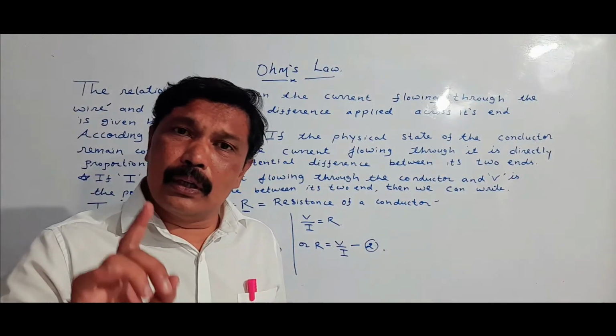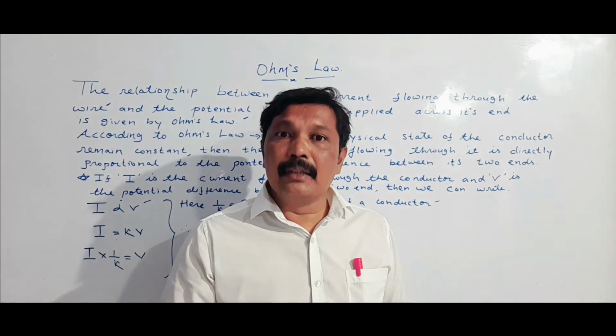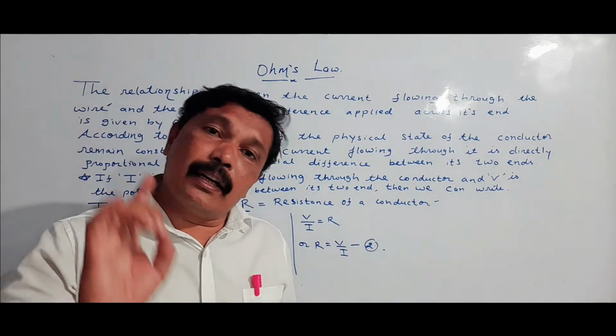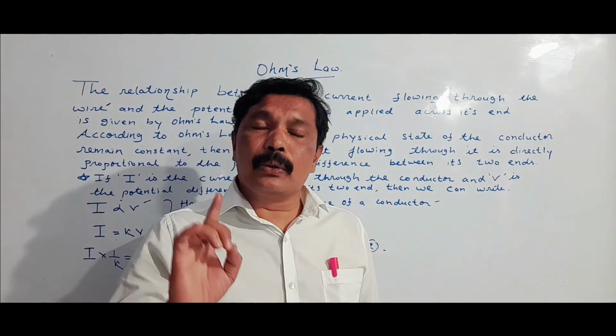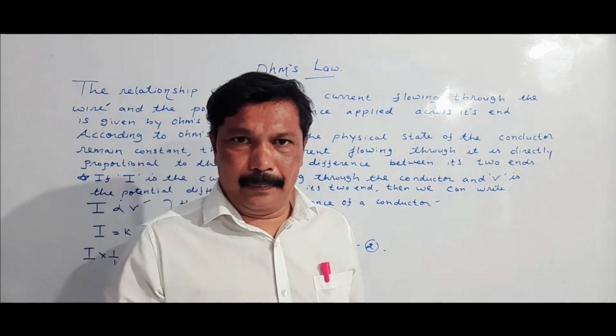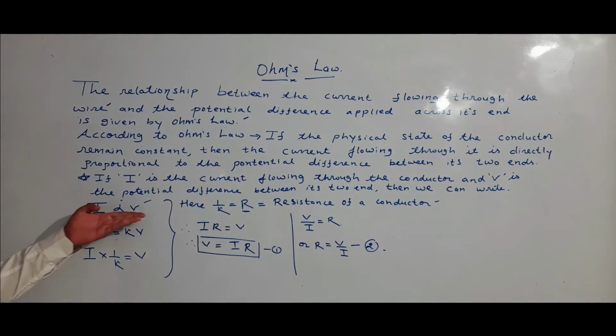According to Ohm's law, if the physical state of a conductor remains constant, then the current flowing through the conductor is directly proportional to the potential difference across its ends. Then we can write current directly proportional to potential difference. Whenever we remove the sign of proportionality, we put is equal to and we put a constant.